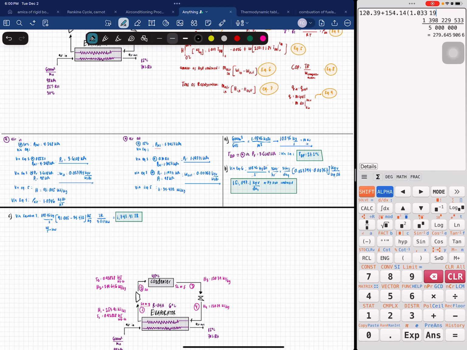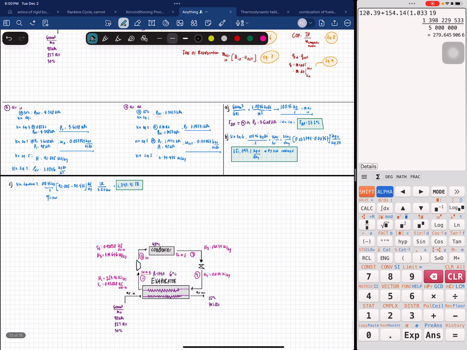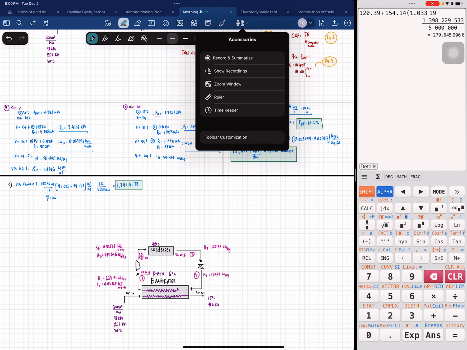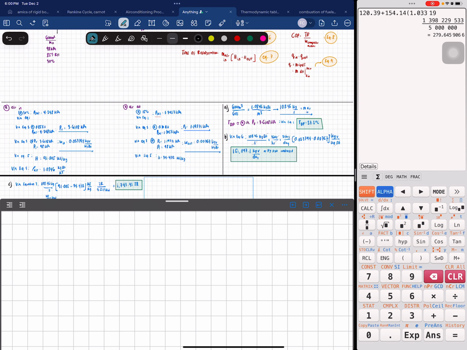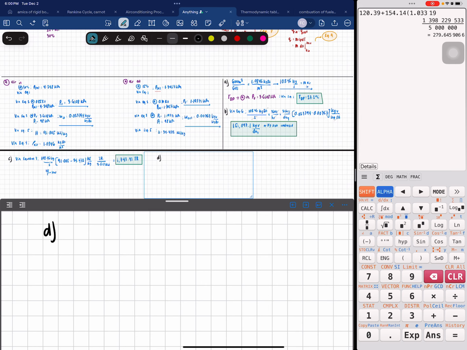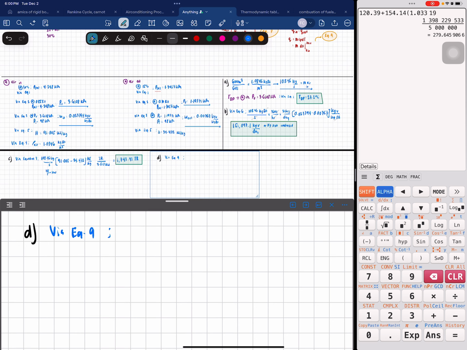Okay, so letter D via equation 9. And the tons of refrigeration is always happening at the evaporator. Okay, so we have Q in equals Q out, wherein your Q in is what?